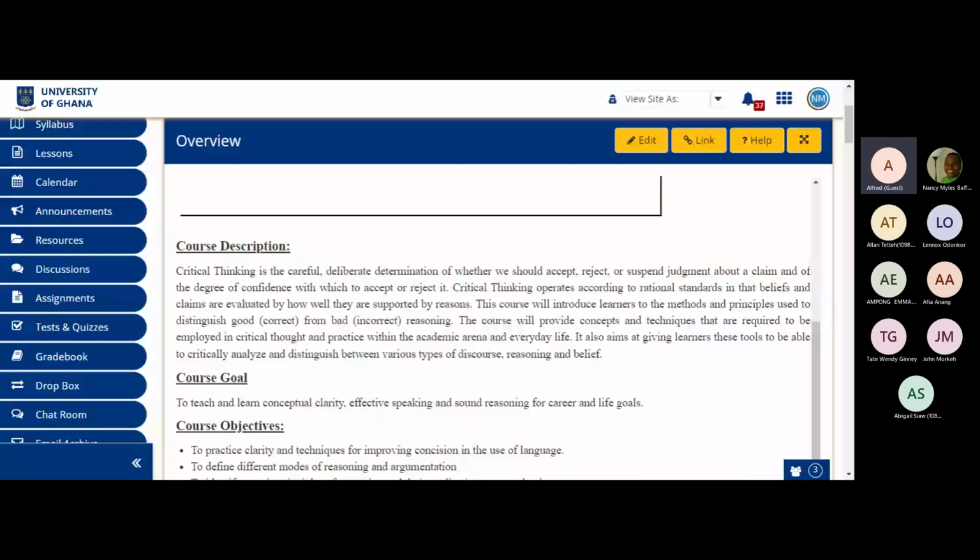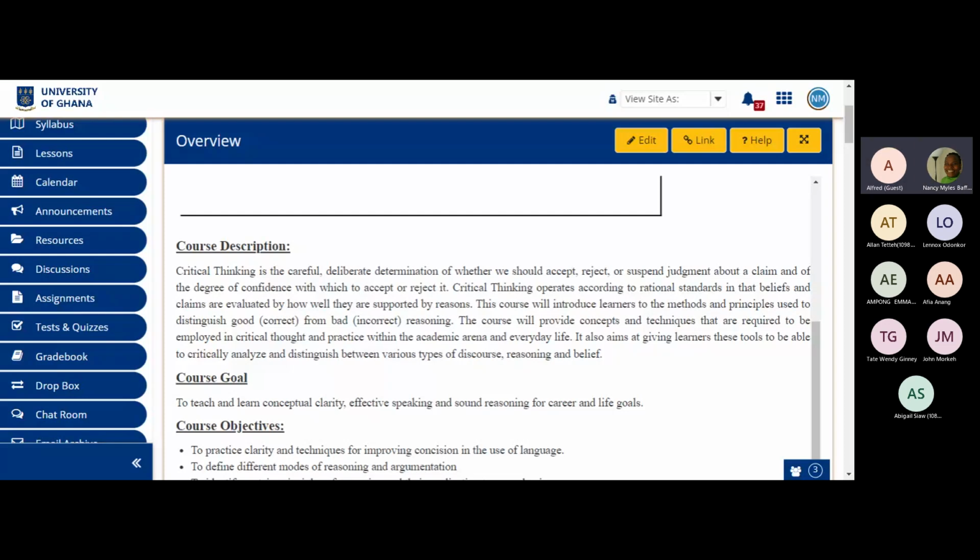Okay. Course description. Critical thinking is the careful, deliberate determination of whether we should accept, reject, or suspend judgment about a claim and of the degree of confidence with which to accept or reject it. Critical thinking operates according to rational standards, in that beliefs and claims are evaluated by how well they are supported by reasons.